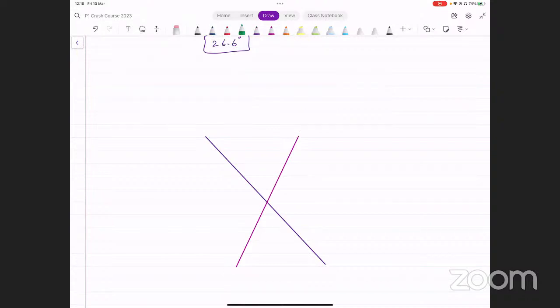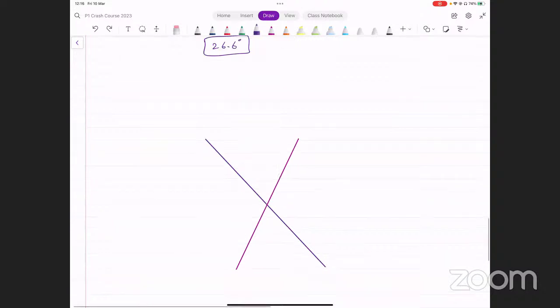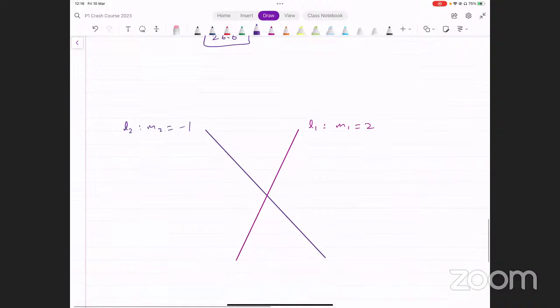Again, we are either looking for this angle or this angle, right? One of the two angles. Let's say the gradient of this line on the right side is 2, and the gradient of this line on the left side is, let's say, -1.